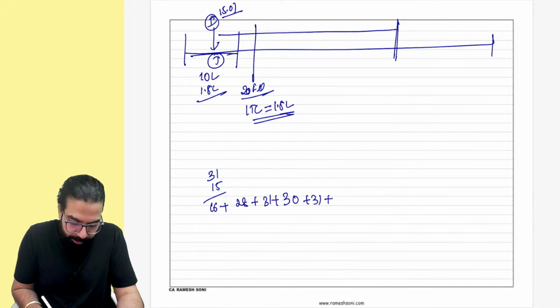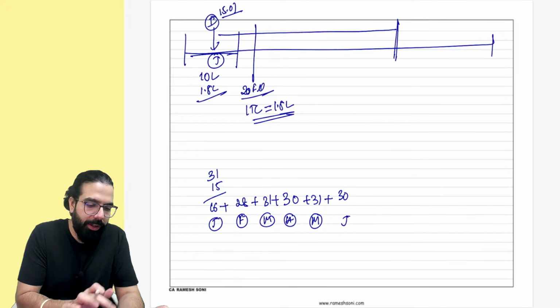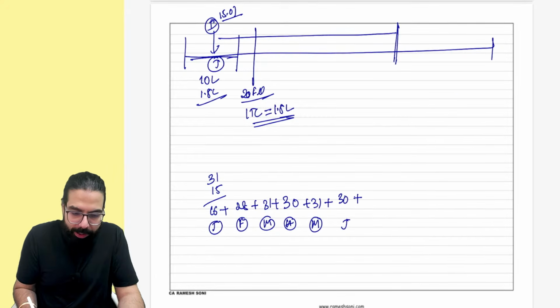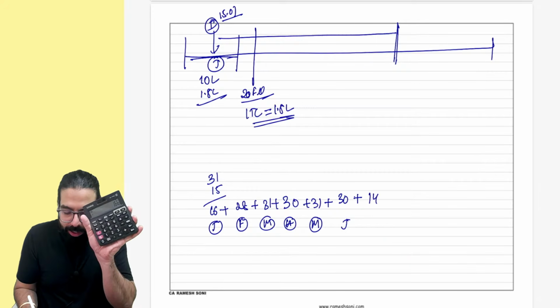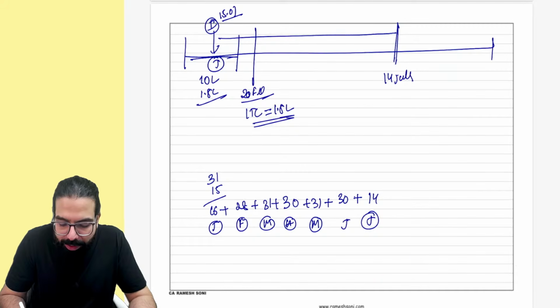Plus June 30 days, June gone. July, how many days do we need? 166, so we need 14 more days in July. So 14 July, 180 days getting over.